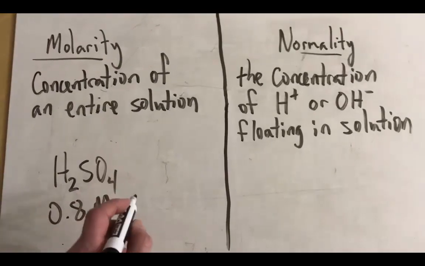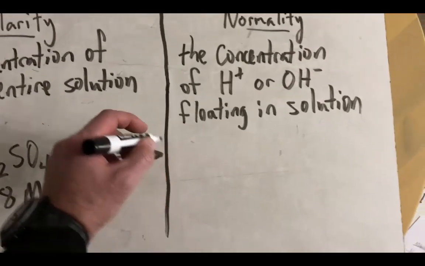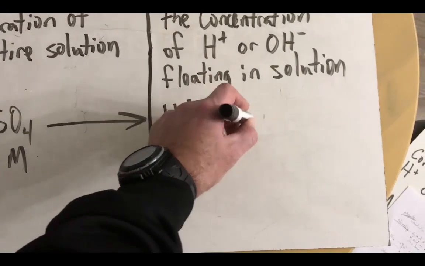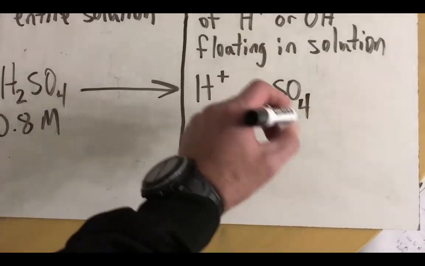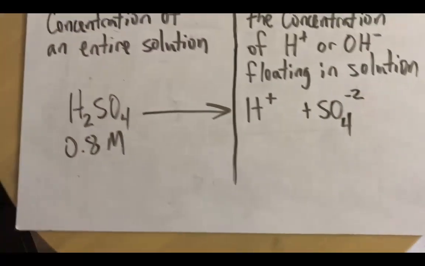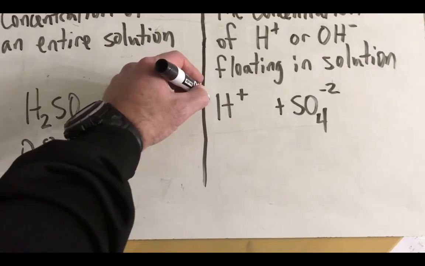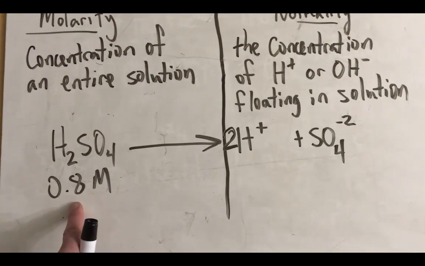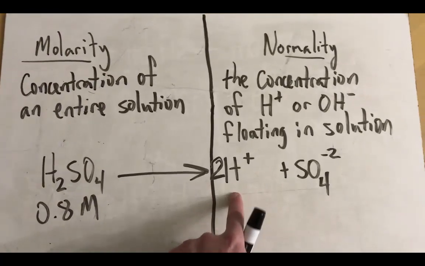If we dissociate our H2SO4, like we've learned, this is going to have hydrogen ions, and we'll have sulfate ions floating around. If you remember, I have two here, so there should be two hydrogens. And when I'm talking about normality now, I'm only talking about these hydrogen ions.